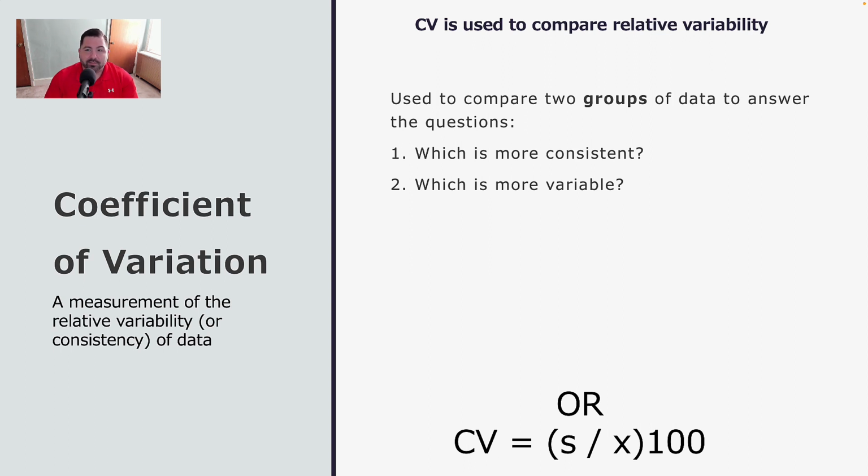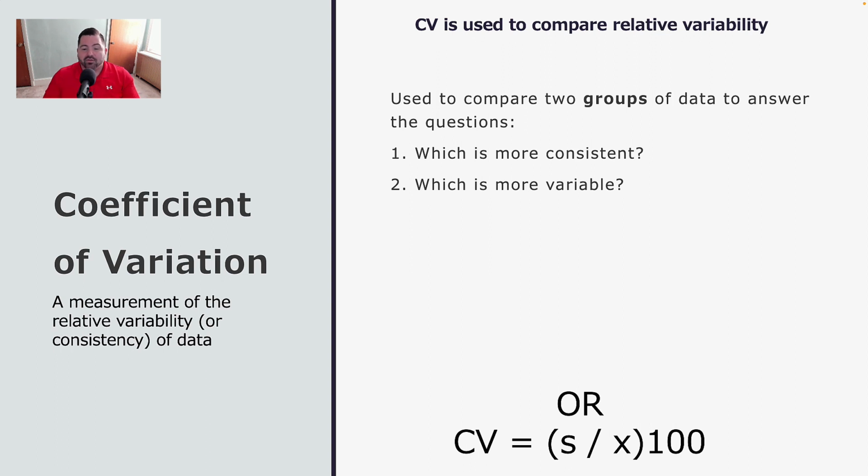We typically use coefficients of variability to do two things: to determine which of two groups is more consistent or reliable, and which of the two has more variability. Depending upon the context of the research question, you might want something that's more consistent and less variable, or you might want something that is less consistent and more variable.